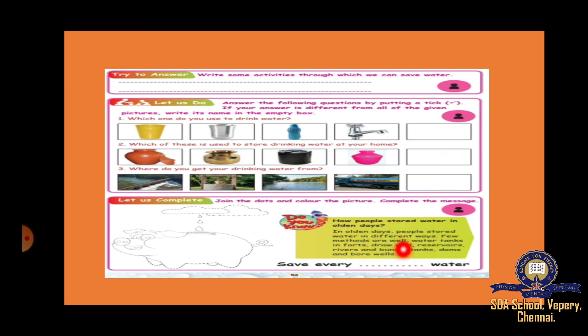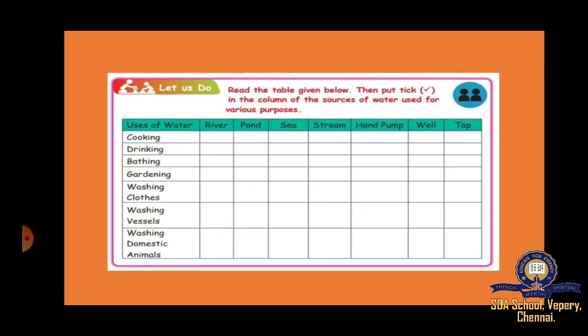A few methods are wells, water tanks in forts, draw wells, reservoirs, rivers and bunds, tanks, dams and bore wells. Now, seeing this picture, we have to complete one thing: save every dash water. After joining the dots and coloring, you will get one nice picture. With this picture, you write here what you get.